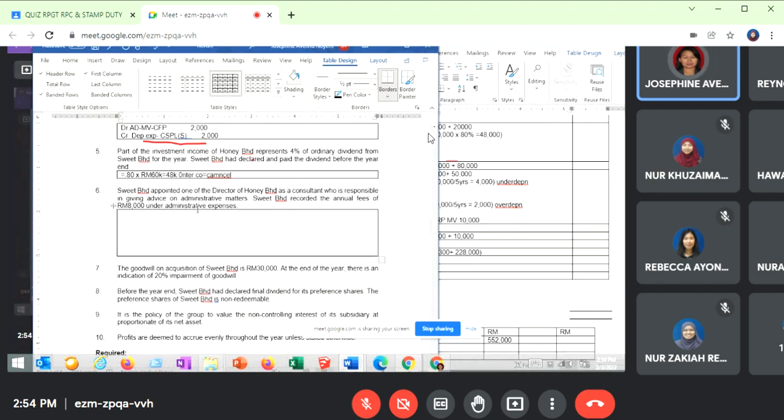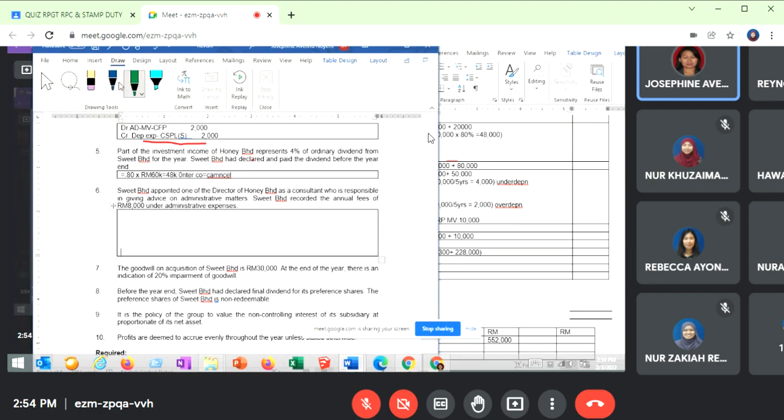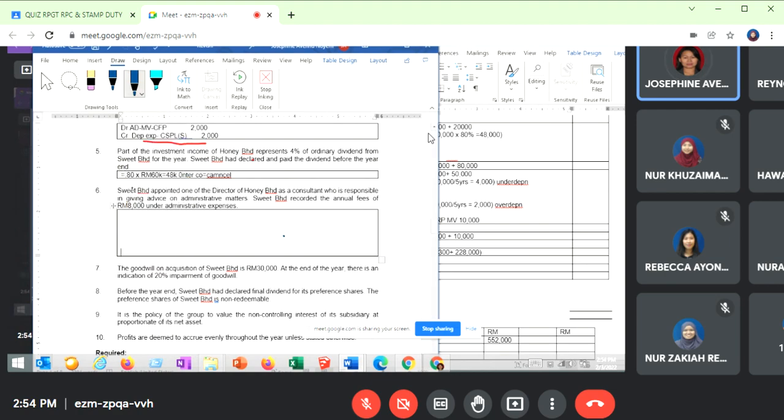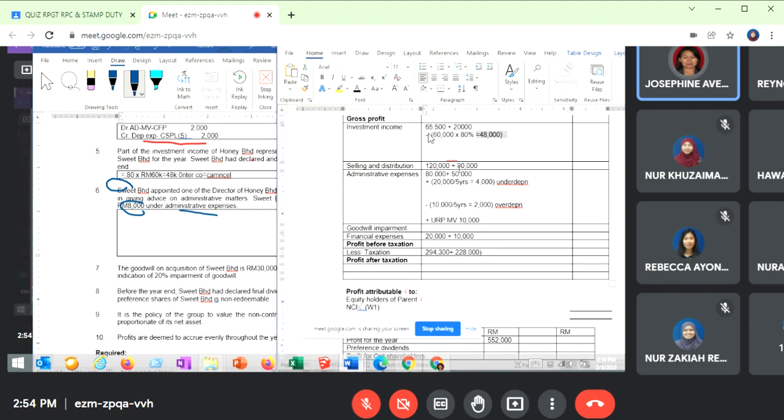So this is intercompany, so we need to do the cancellation. So in Sweet there will be an expense, so you go to the administrative expenses and take out the 8,000 from the expenses of Sweet.